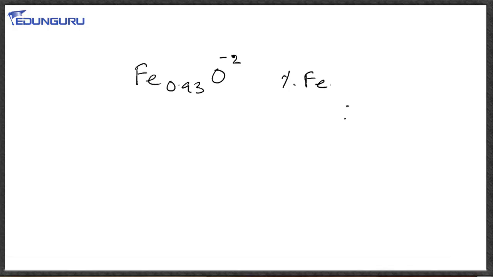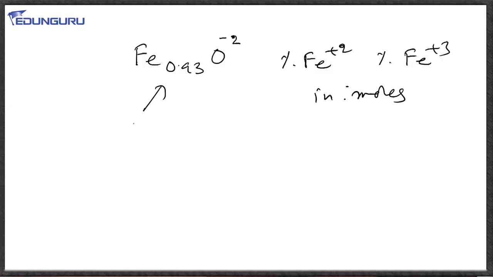So, all 0.93 moles of iron together should balance the charge. That is the clue to solve it, because the question was the percentage of Fe+2 and Fe+3 in moles. Fe cannot be only +2 or only +3, it should be a mixture of both +2 and +3.